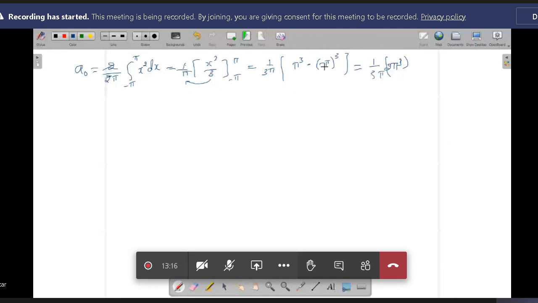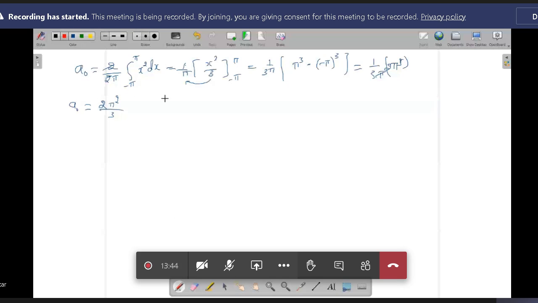Minus pi whole cube is minus pi cube, and minus into minus is plus, so pi cube plus pi cube is 2 times pi cube. The pi cancels, and we get a naught is 2 pi square by 3.